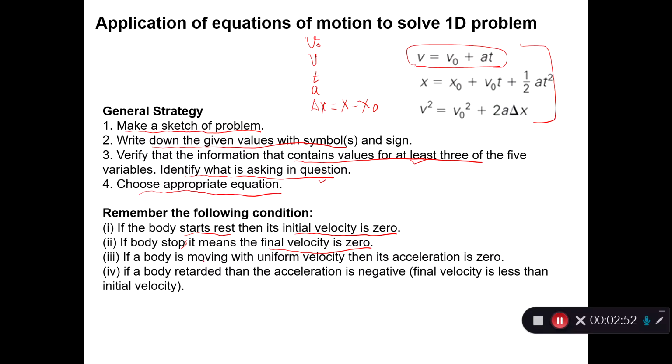Similarly, if a body is moving with uniform velocity, then its acceleration is 0. Uniform velocity means there is no change of velocity, velocity is constant, and acceleration is the rate of change of velocity. So if there is no change of velocity, its acceleration is 0.